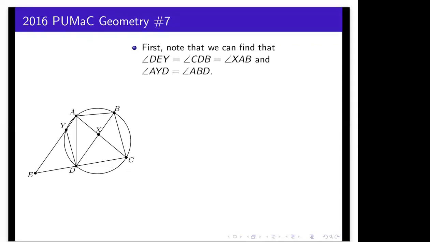We have these two similar triangles, so now what? Well, we remember that we want to find the area of DEY. So how would we go about doing that?